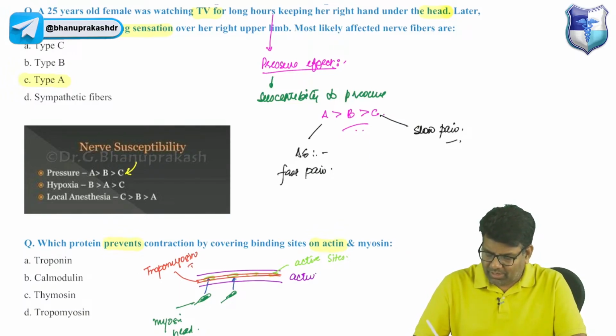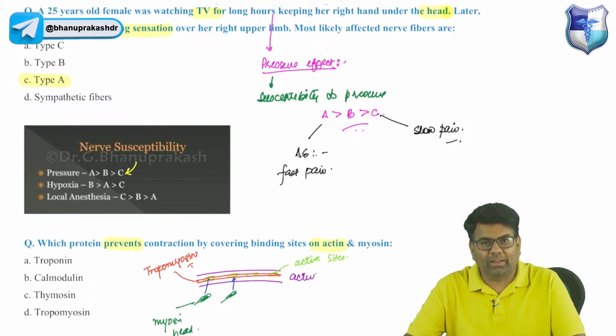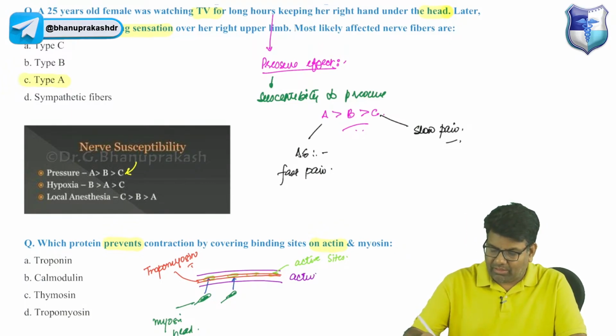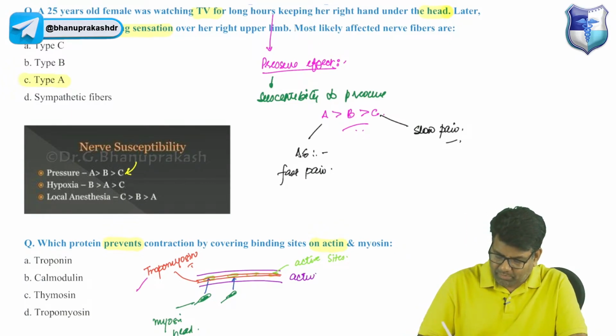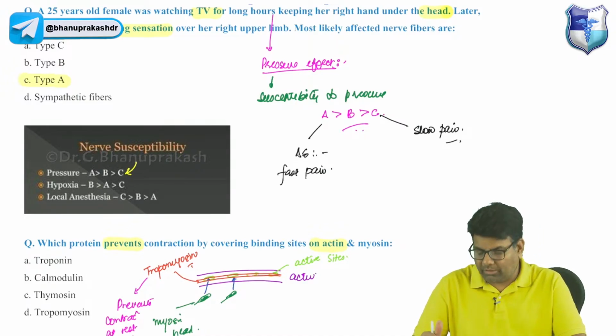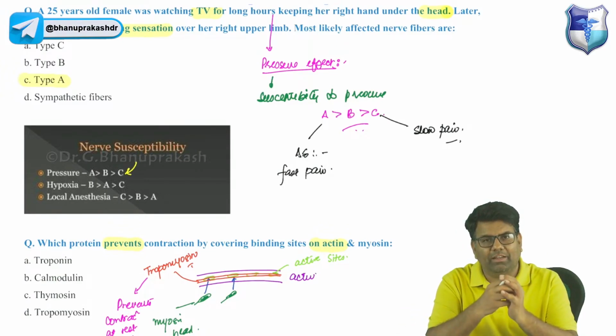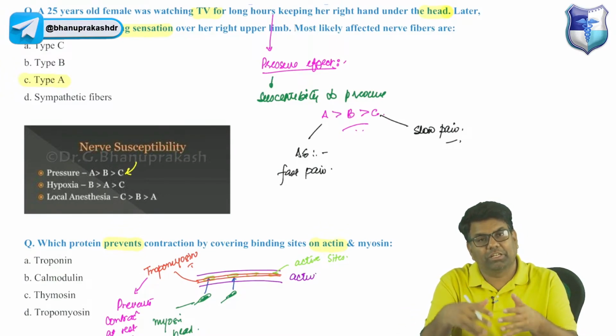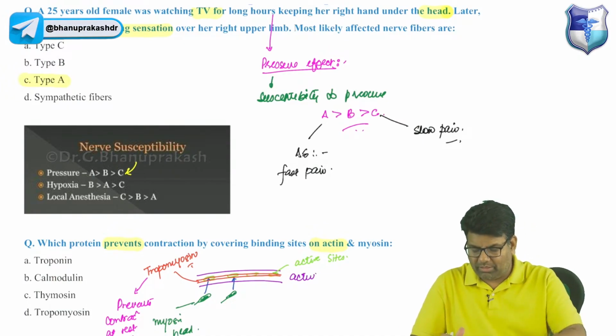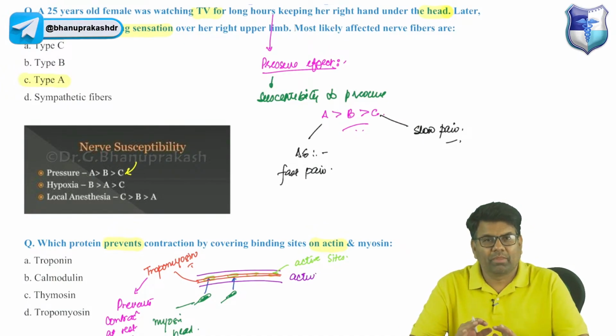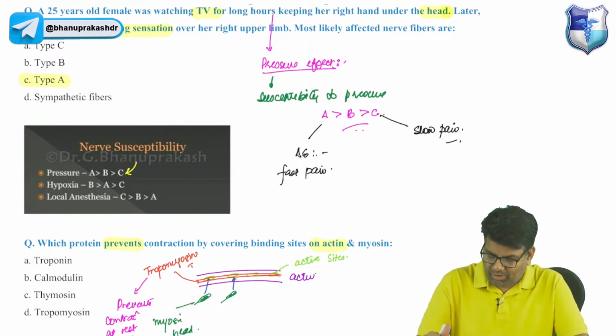So tropomyosin covers the active sites of actin at rest, and therefore it prevents contraction at rest. Right? Otherwise, if there is no protein, the myosin head will bind with actin, and that will lead to muscle contraction even at rest.